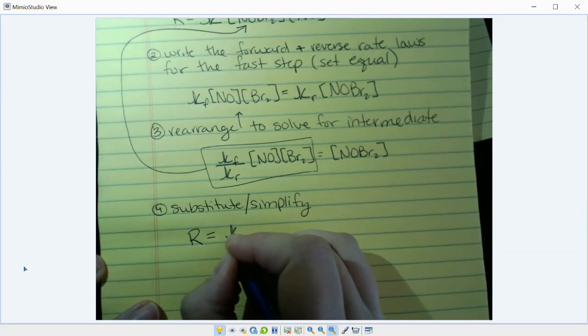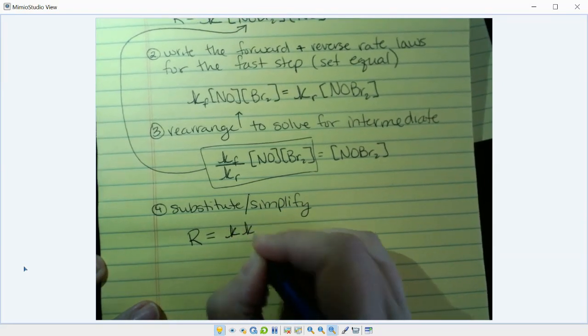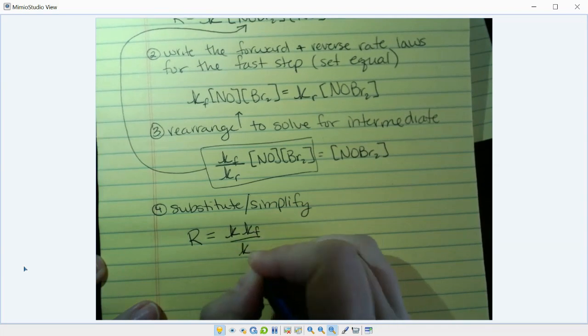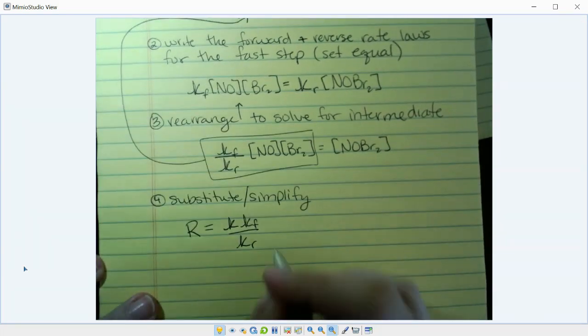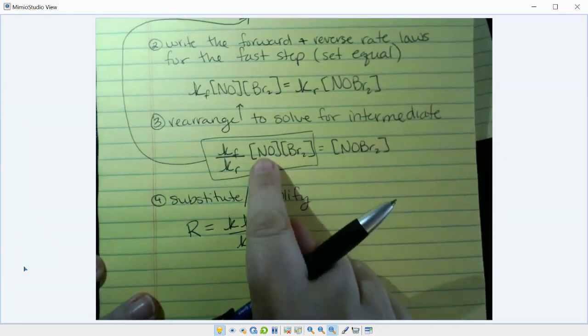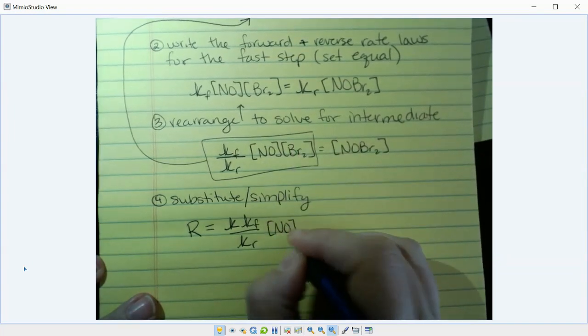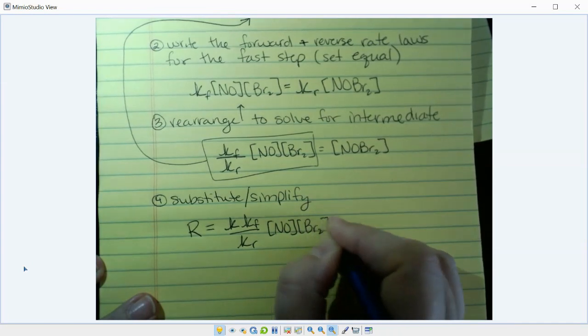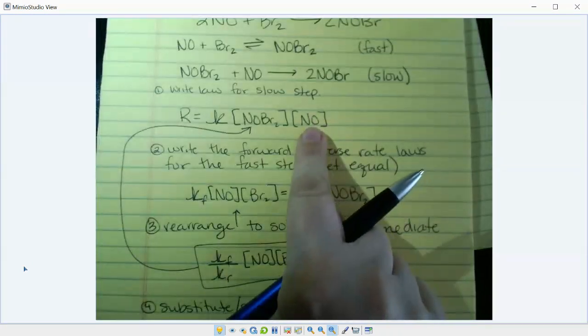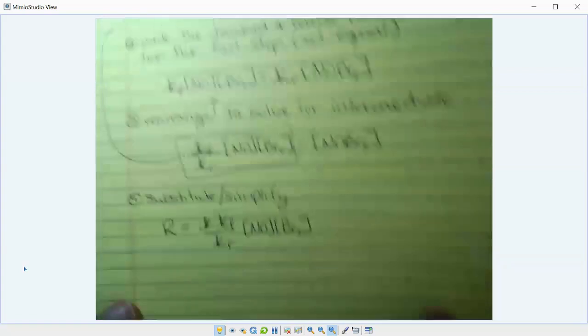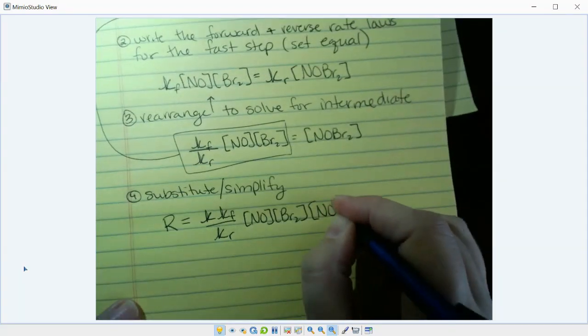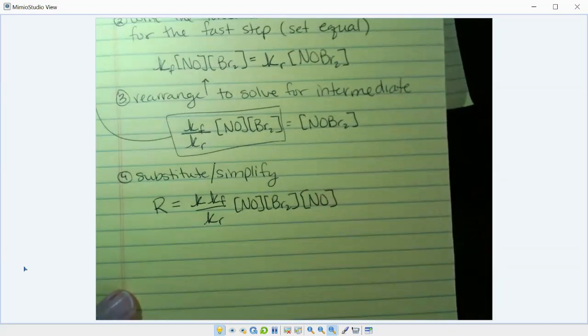I had that original K, and I'm multiplying it by KF divided by KR. And then the rest of this, NO and BR2, as well as that NO. Okay, so that's the substitution.